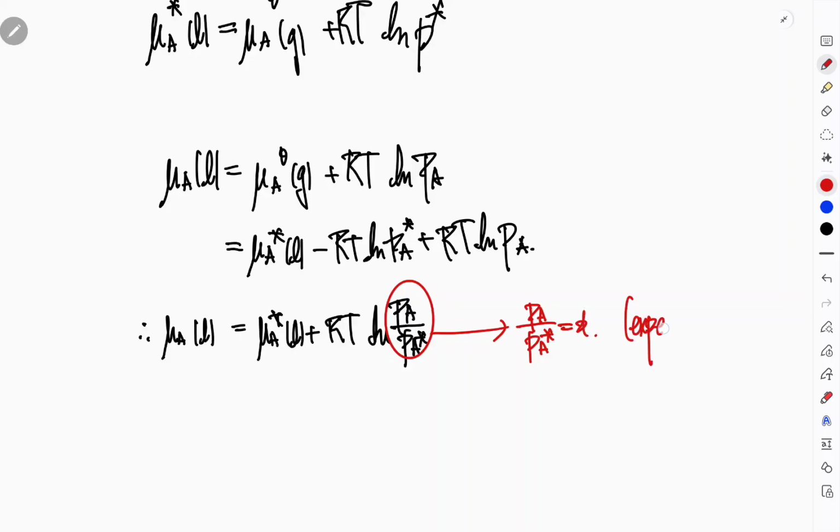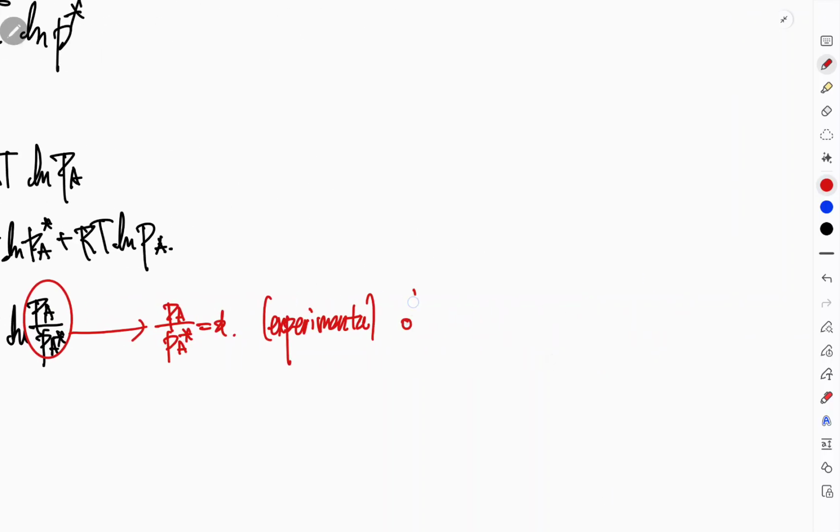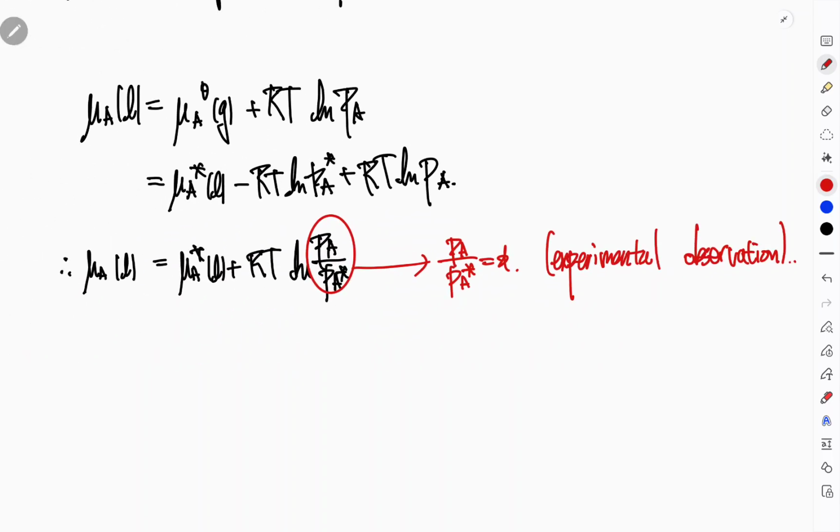It's not from the theory. So this condition can be applied to a certain situation, like when the solution is an ideal solution.